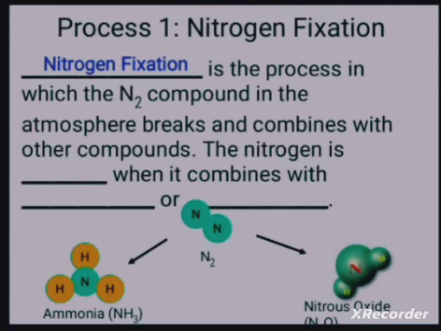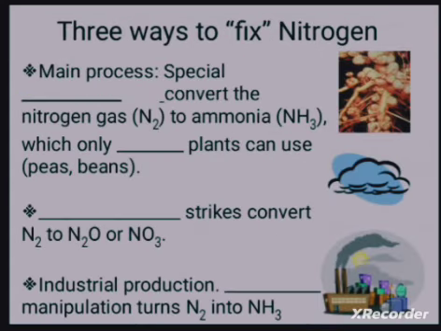Now, the first step in the nitrogen cycle is nitrogen fixation. What is meant by nitrogen fixation? Nitrogen fixation is a process in which the N2 in the atmosphere breaks and combines with other components. The nitrogen is fixed when it combines with hydrogen or oxygen. There are three ways to fix nitrogen.